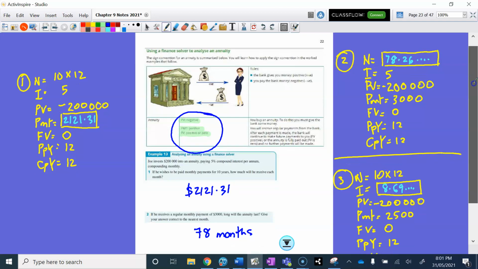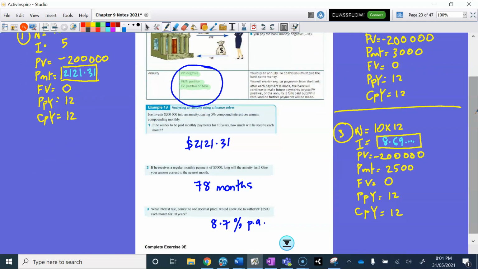Part 3 on that question asks, what would the interest rate be, rounded off to 1 decimal place, if he wants to withdraw $2,500 as a payment for 10 years? Again, it's giving us enough information to fill in all of the windows: $2,500 in the payment, 10 times 12 payments in the N window this time, and the only blank window this time would be the I for the interest rate.